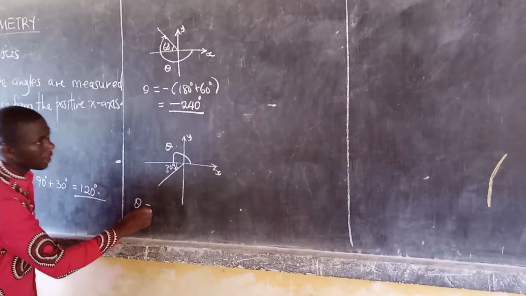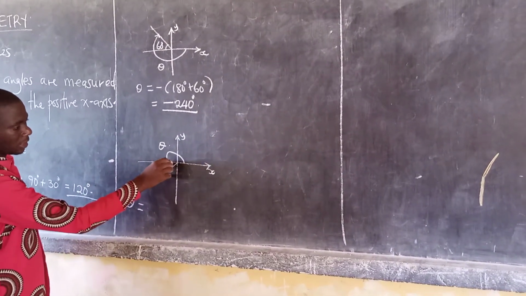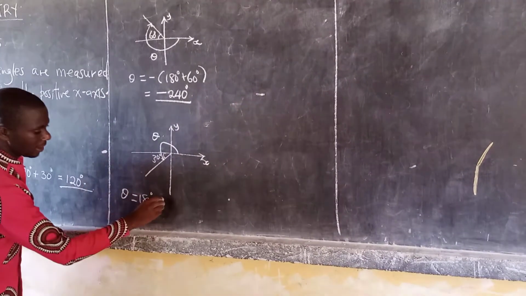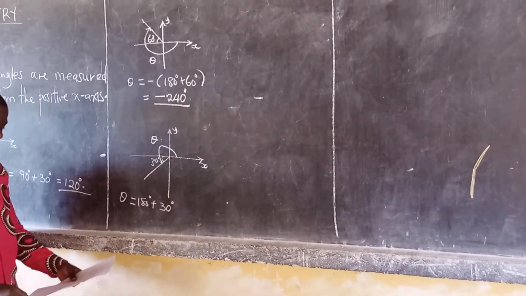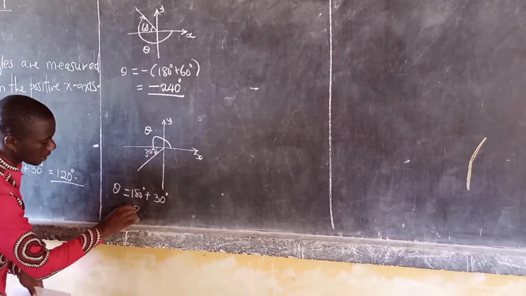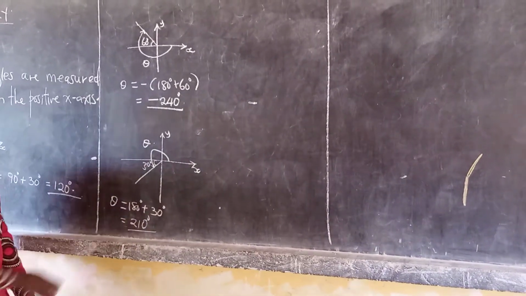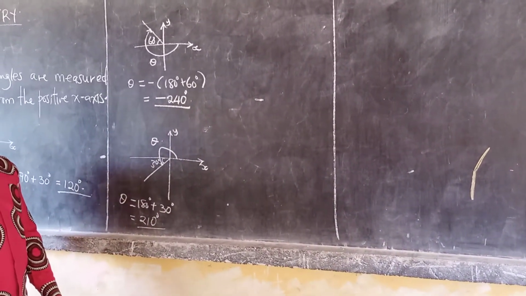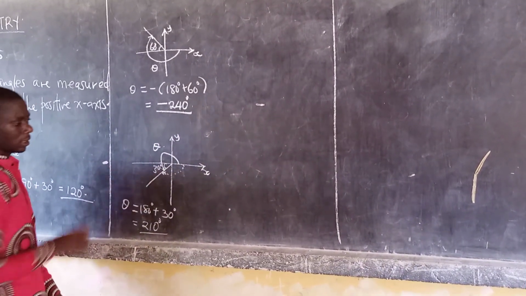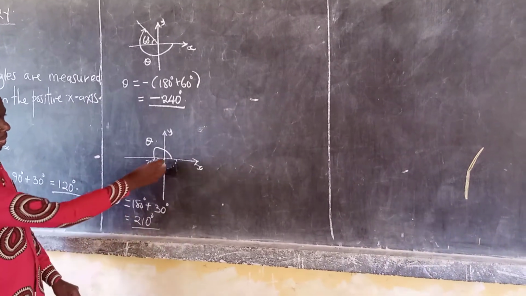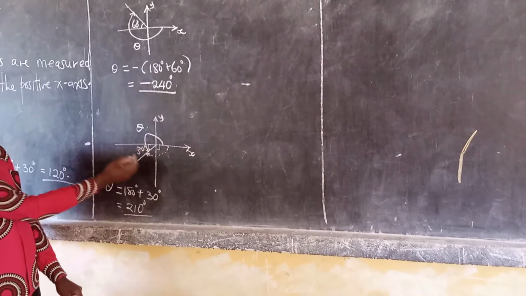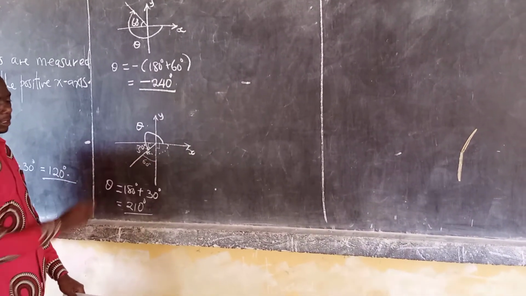So our theta equals, from here to here is already 180. Then we are adding 30 degrees. When we get the 180 and add 30, this gives us 210 degrees. However, we are at liberty, so somebody can choose to follow this direction. Which angle is that? This is 90. Since this is 30 degrees, this is 60 degrees.